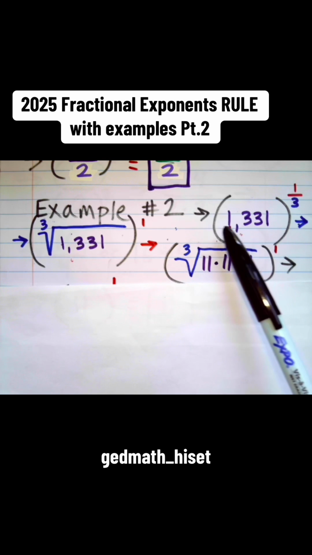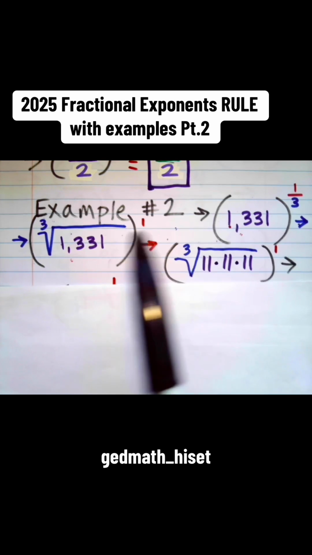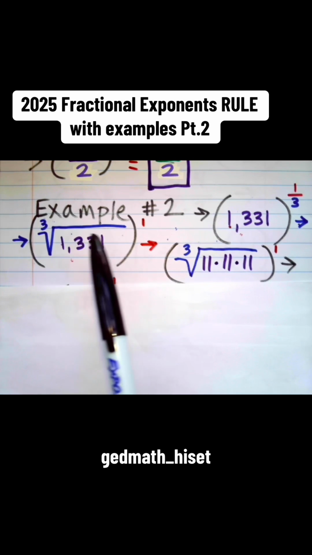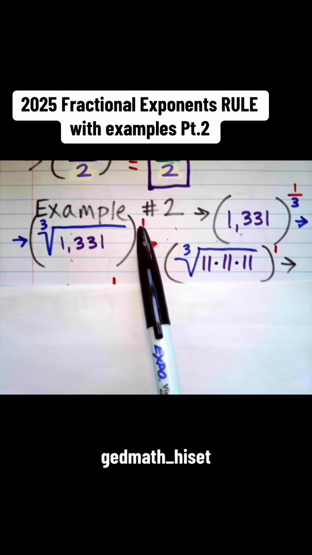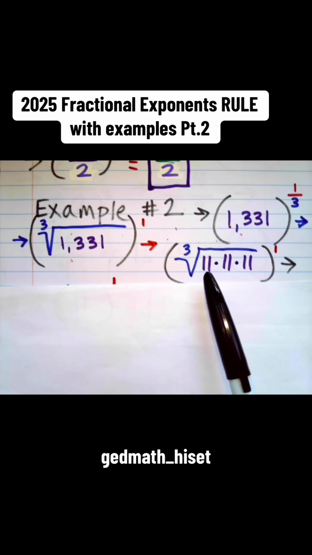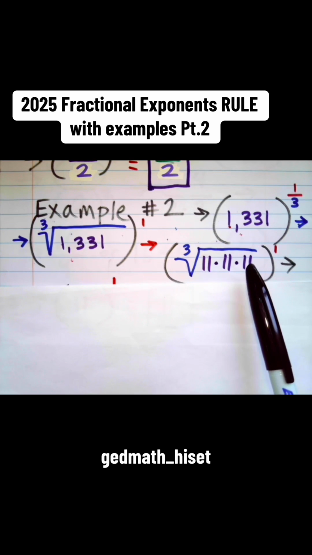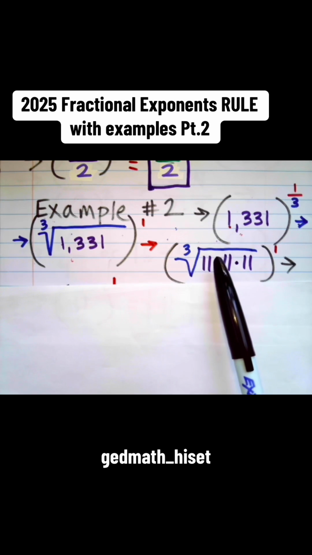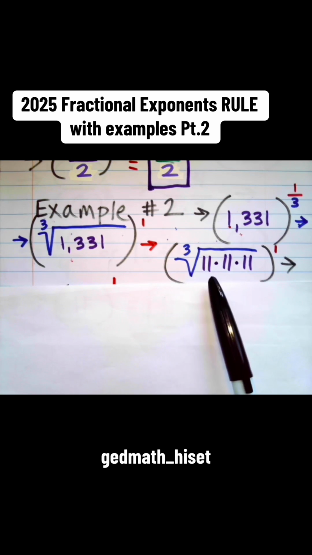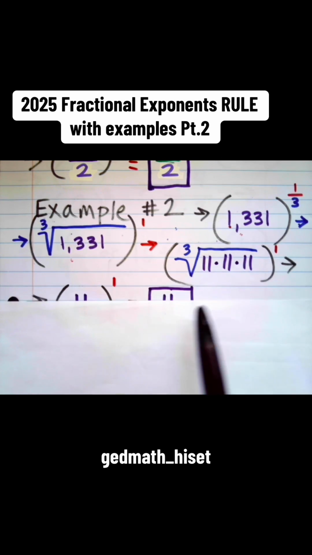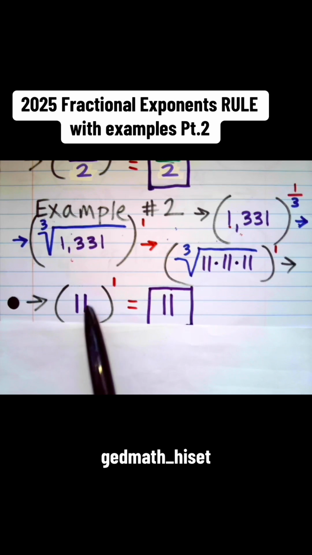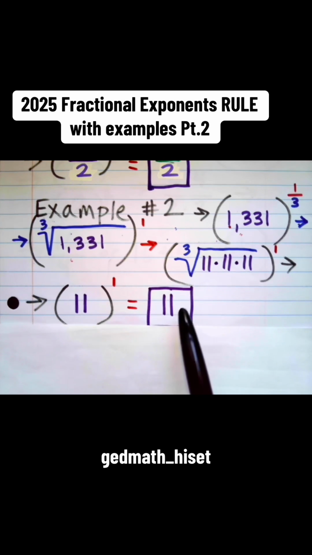So I'm going to put this whole term inside the cubed root that you see here, raised to the power of 1. I know 1,331 is 11 times 11 times 11. I need 3 of the same number because it's a cubed root, just to pull out one value, raised to the power of 1. So here I have 11 raised to the power of 1, which gives me an answer of 11.